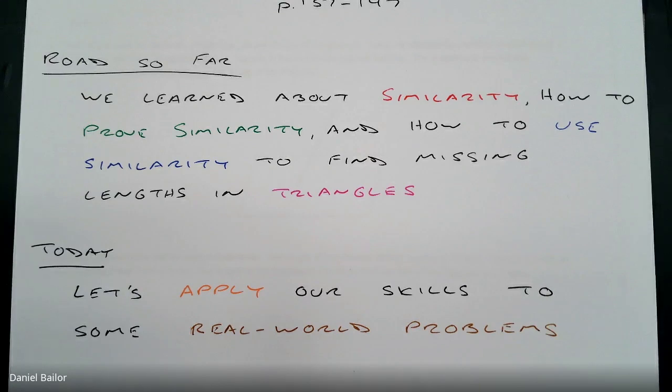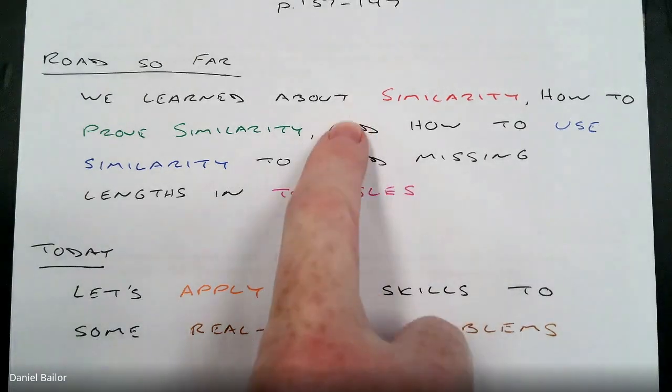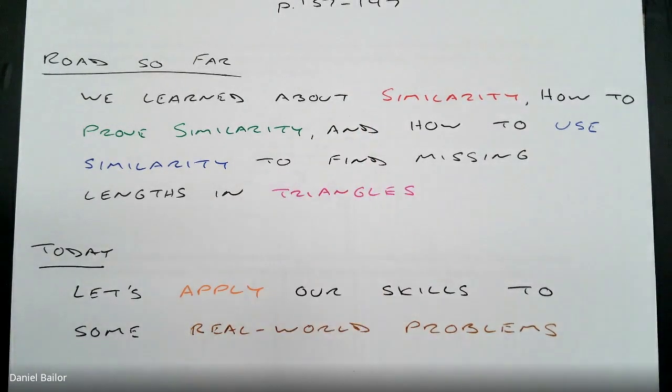We're going to take some situations that people actually work with every day, and show how knowledge of similarity and this list of things right up here is used to solve some problems in the real world. The first problem we're going to look at involves a flagpole, measuring how tall a flagpole is.